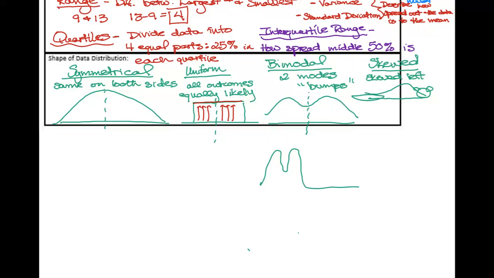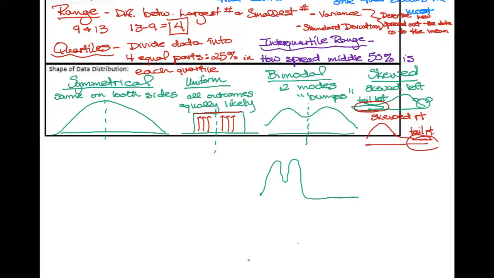And the tail is on the left side. Whereas if you are skewed to the right, then you've got this over here, but again, it's that tail that we're looking at. So the tail is on the right-hand side. So that's skewed left. It's always the tail, and then skewed right.